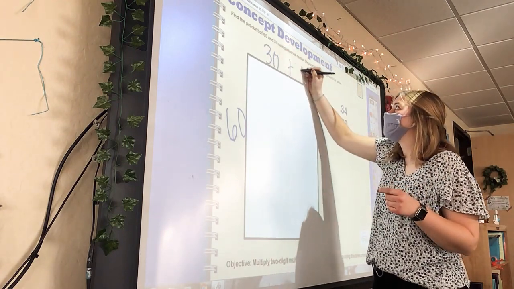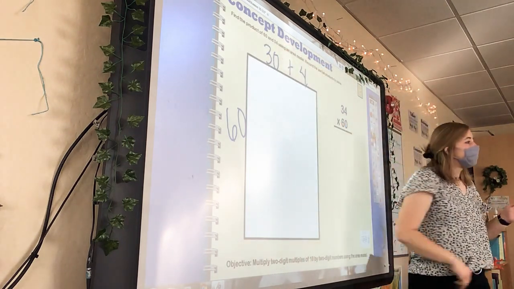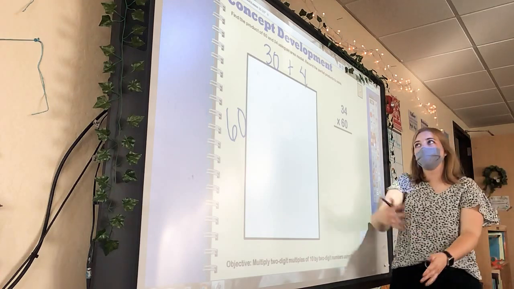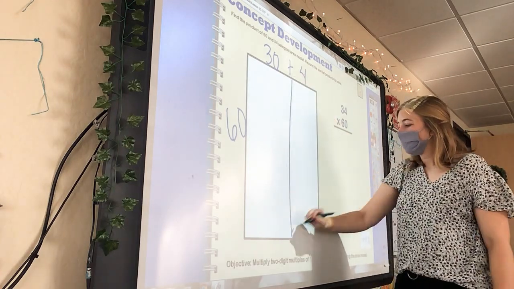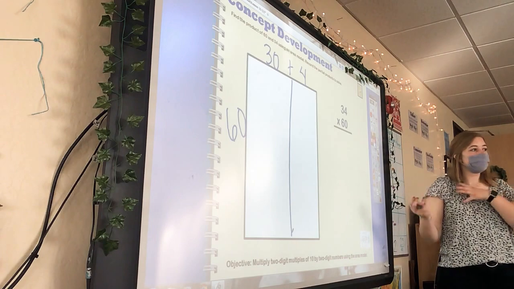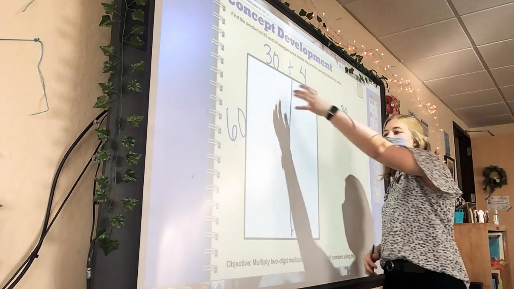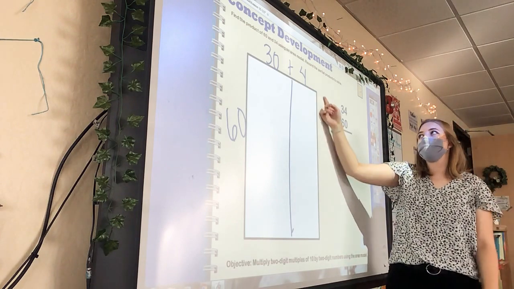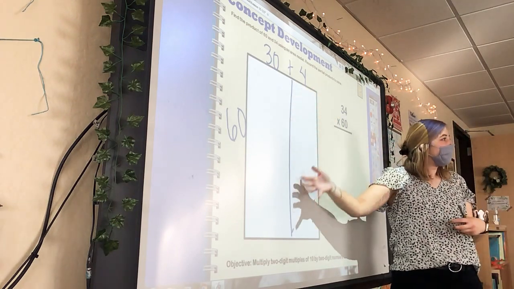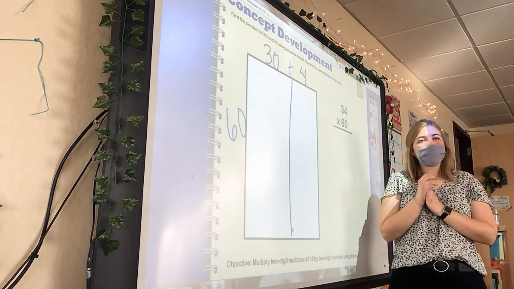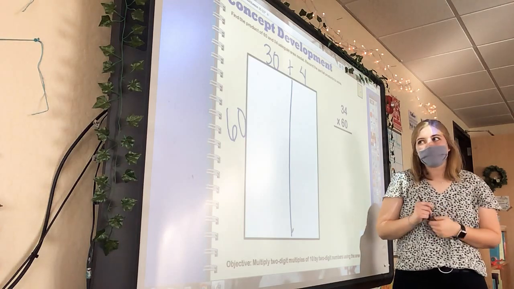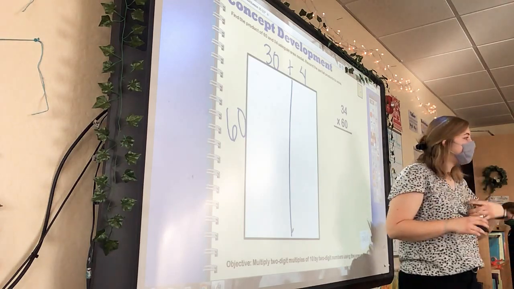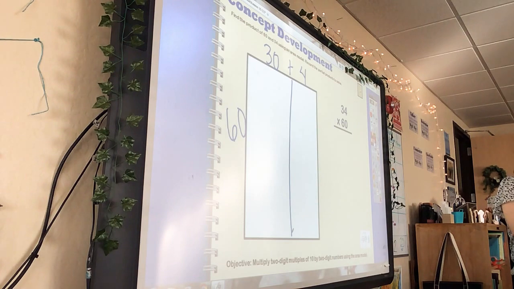Okay, 30 plus 4, which means that I could split that right down the middle, right? 30 plus 4 gives me one section that is 60 by 30 and one section that is 60 by 4, right? And I can multiply those together and then add the partial products and get the final answer, okay? So this is the last one that I'll do by myself and then you guys will help me with the next one. Are we good?